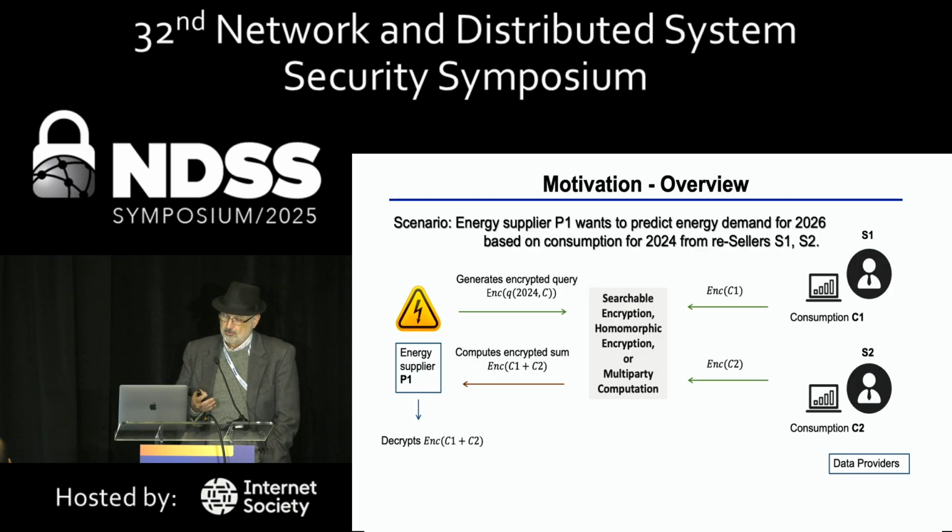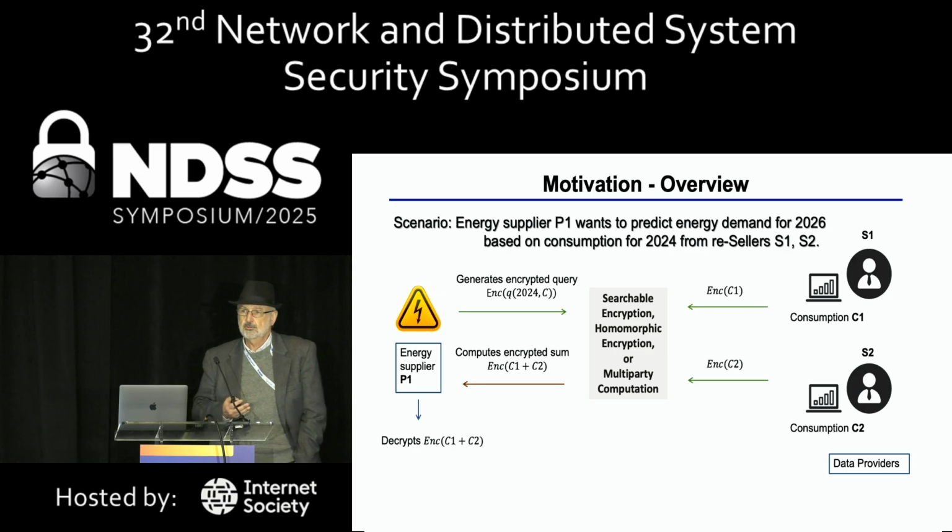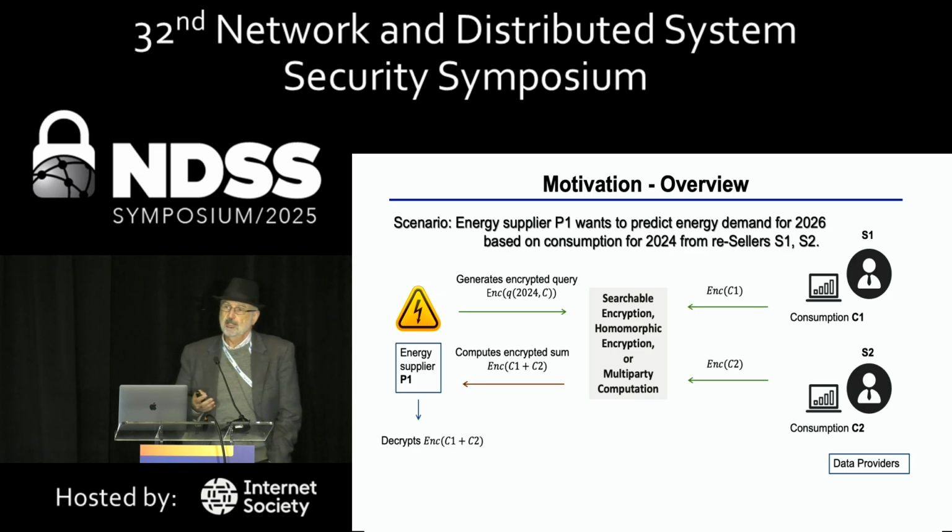For example, the energy supplier might want to extrapolate and predict energy demand in the future in order to make investments in energy. So, for example, he wants to ask for consumption during, let's say, year 2024 in order to prepare for year 2026, okay?